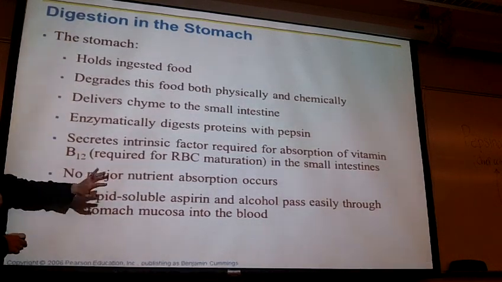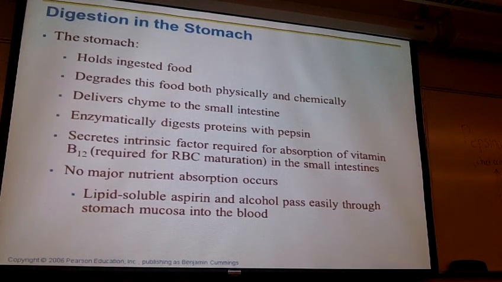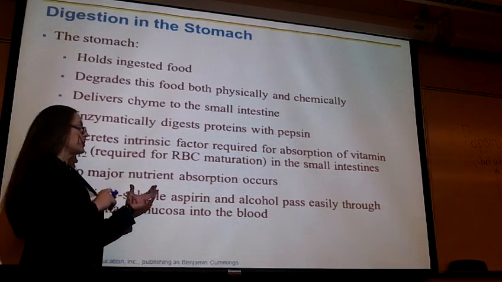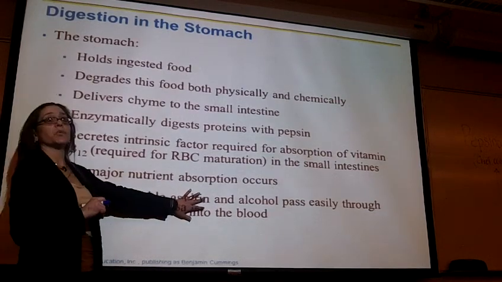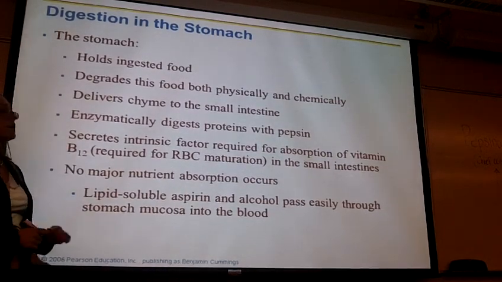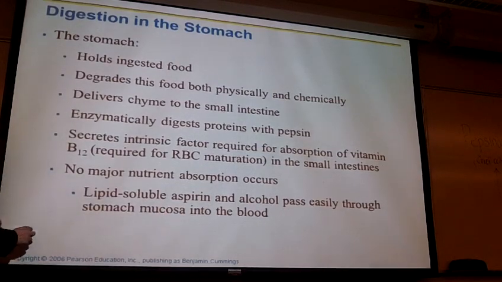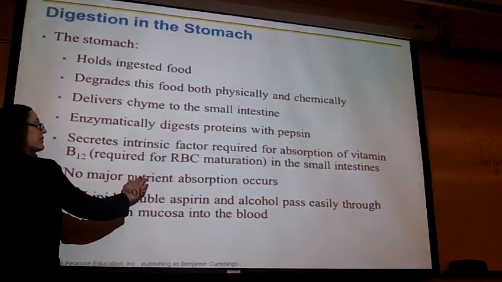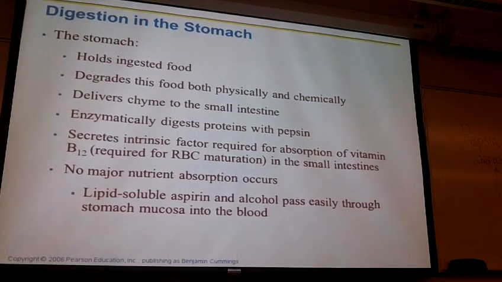We're not going to absorb any amino acids, no fatty acids or glycerol, no ions, no vitamins. However, we can absorb some lipid-soluble compounds, like aspirin can get absorbed in the stomach. Alcohol can get absorbed here in the stomach, but no nutrients, nothing that our body is using to power our cells. That's not going to happen here.